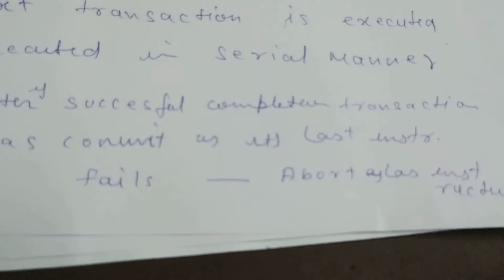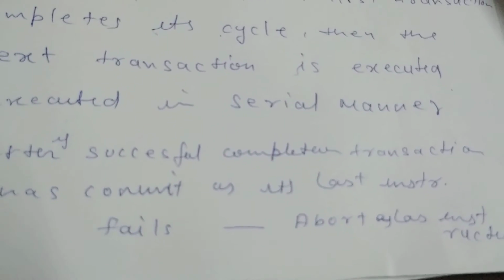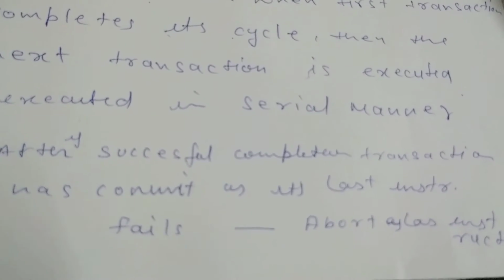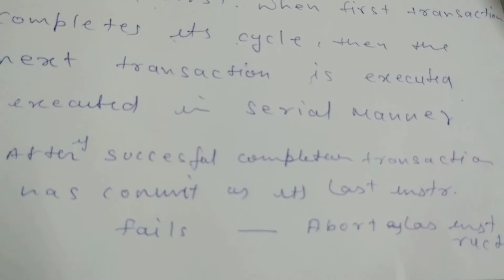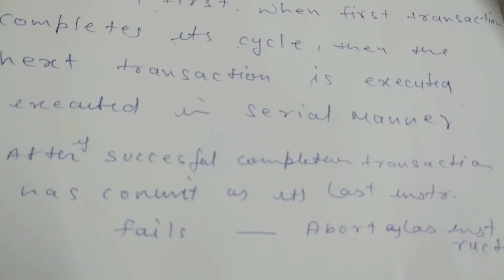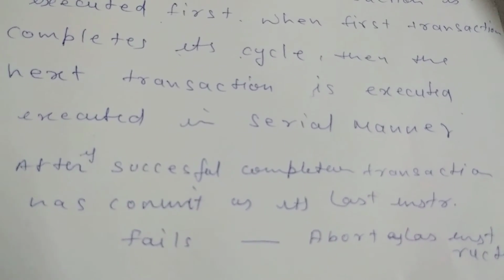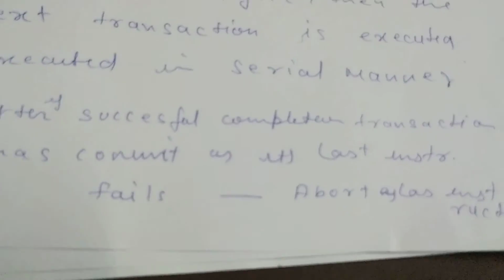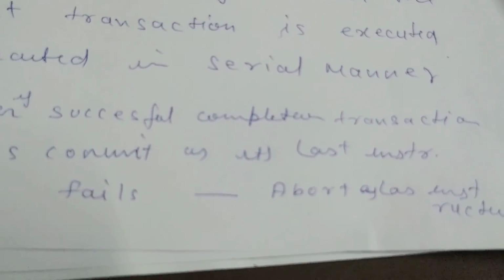If a transaction successfully completes its execution, then commit will be the last instruction. But if a transaction fails to complete successfully, then its execution will have an abort instruction at the end of the execution sequence statements.